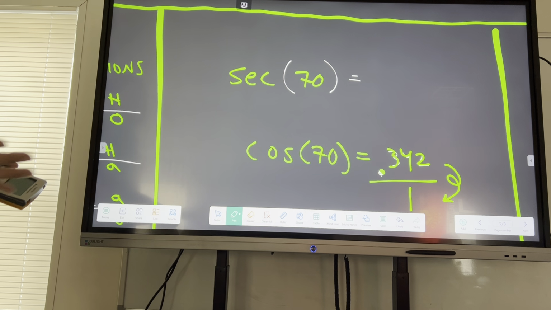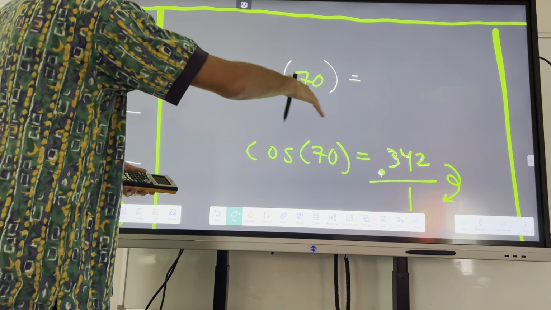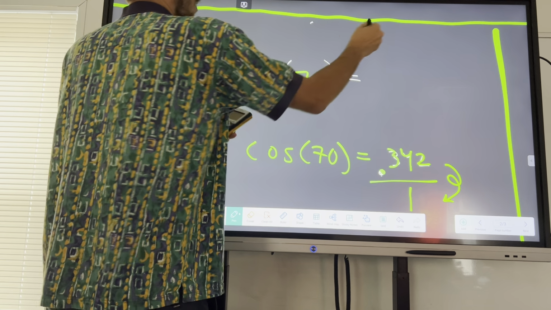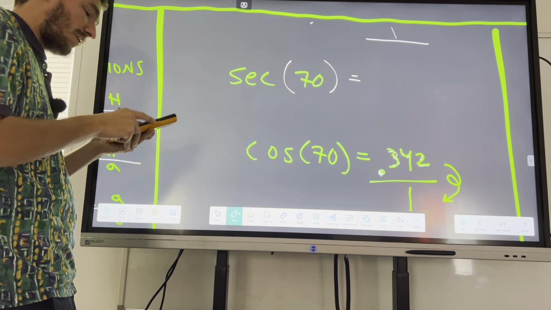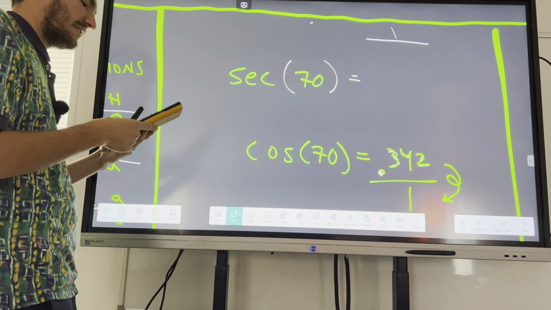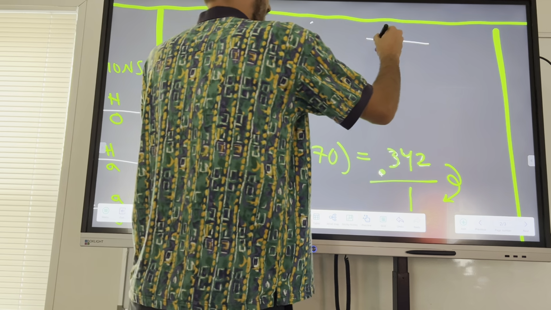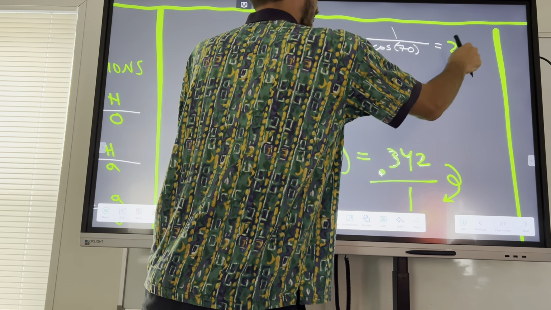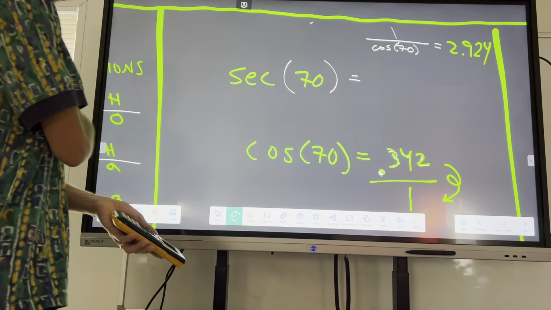Long story short, if you want to use the calculator to solve for these exact values, press 1 divided by, I would suggest you do alpha y equals, enter 1 over cosine of 70. That's 2.924. We'll do 3 decimal places.